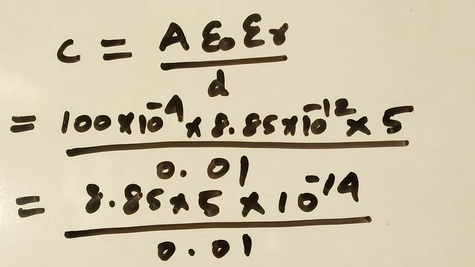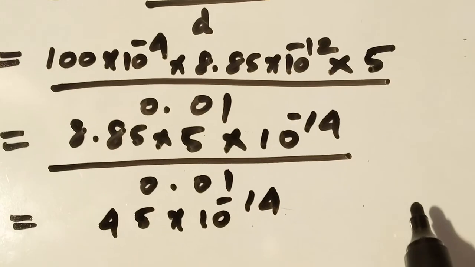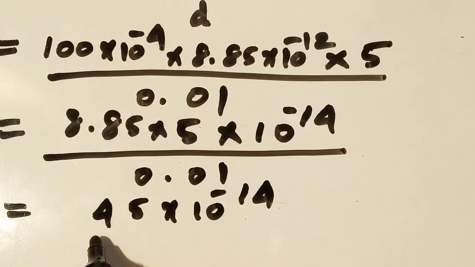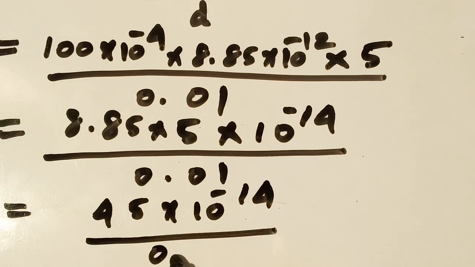Now we have to solve without calculator. So how do you solve it? We'll just take it as 9. If you round it off to 9, 9 fives are 45. 45 into 10 to the power minus 14, divided by 0.01.